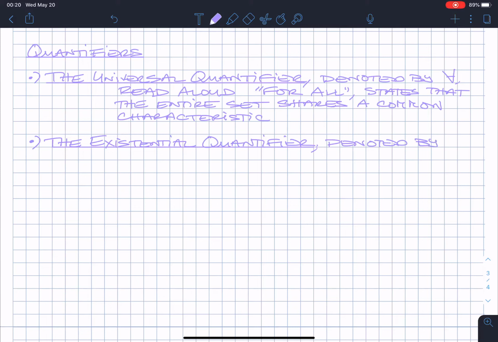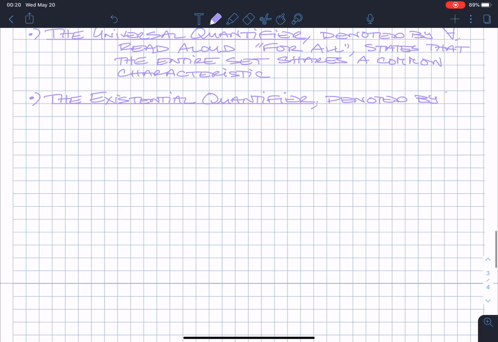Much like "for all" is an upside down A, the existential quantifier is denoted by a capital backwards E, read aloud as "there exists." So E for exists, the existential quantifier.